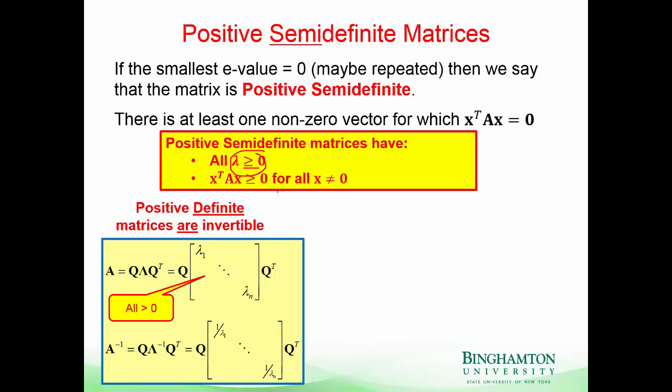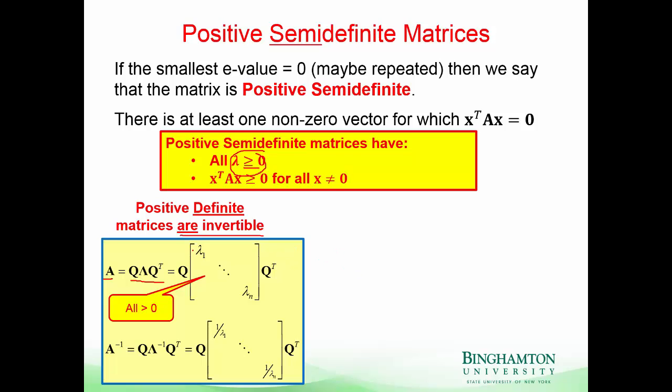An interesting thing to point out as we go along here: positive definite matrices are invertible, and that's a nice property to know. If we have A, we know that we can split it into its eigenvector decomposition. Q is an orthogonal matrix with the orthonormal eigenvectors in it as columns.